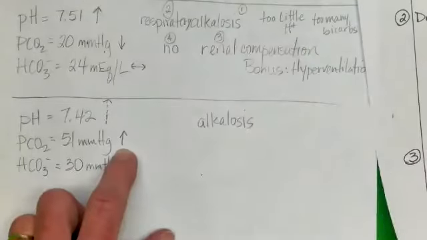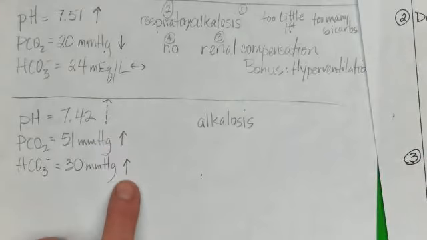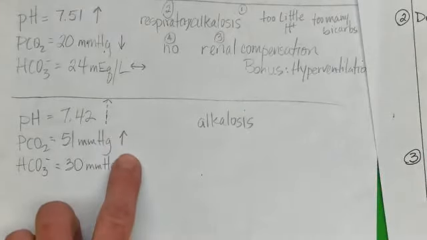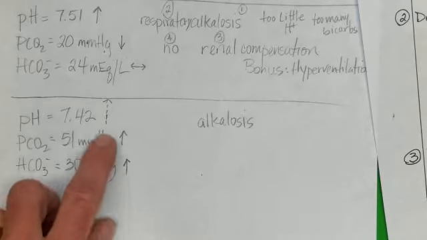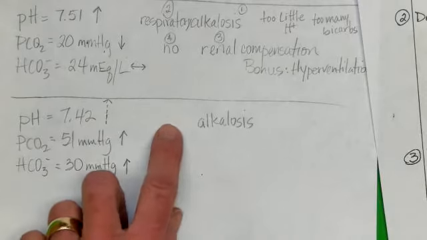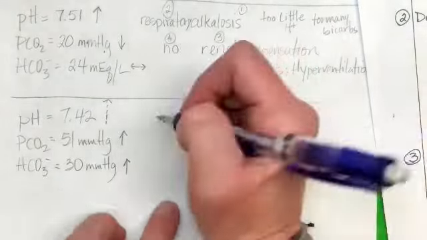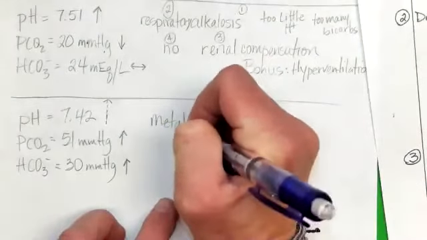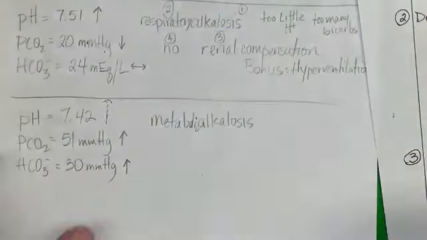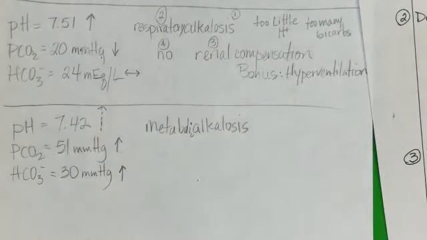Is my number less than 35? No, it's high. Now look at my bicarb. Is my bicarb high? Yes. Is my pH high? Yes. So now what is it? Metabolic. Yay, it is. Okay, so metabolic alkalosis, yay.